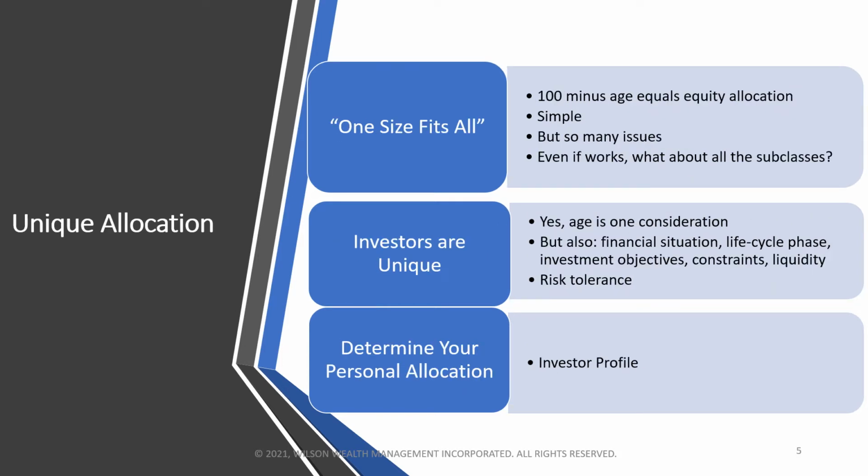I talk a fair bit about unique allocations. One, because I think investors are unique and they need solutions that are unique to them, not cookie cutter, generic, one size fits all approaches.